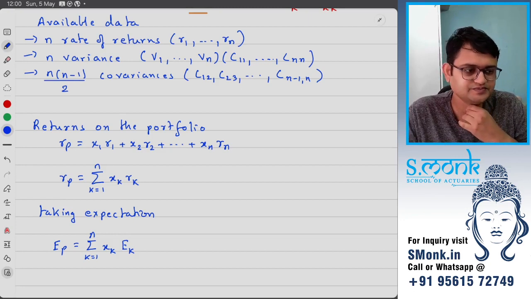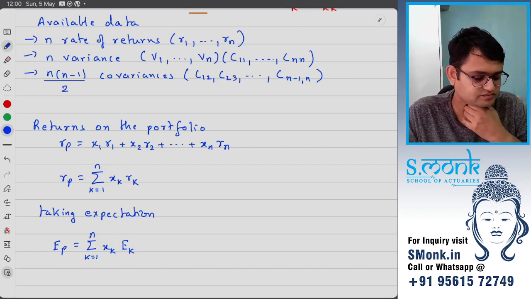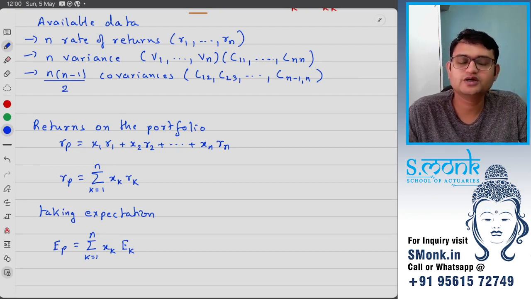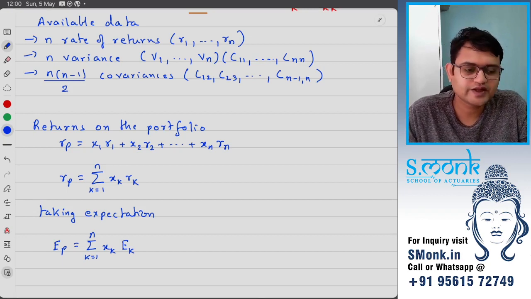Right? It's just going to be the weighted average of the expected values.